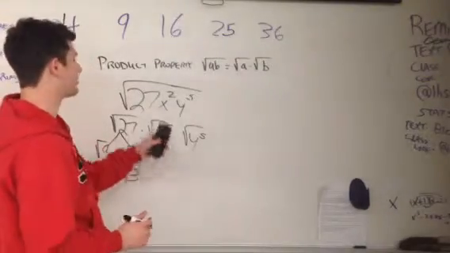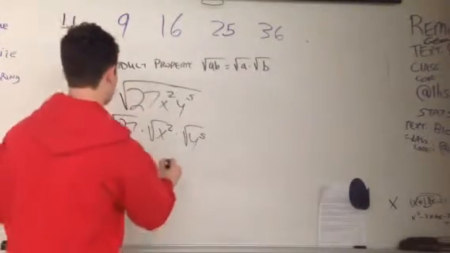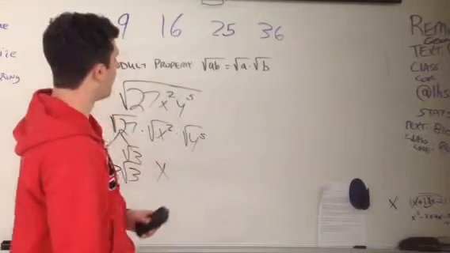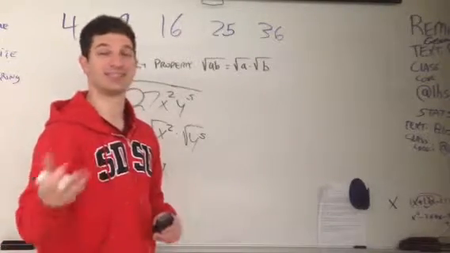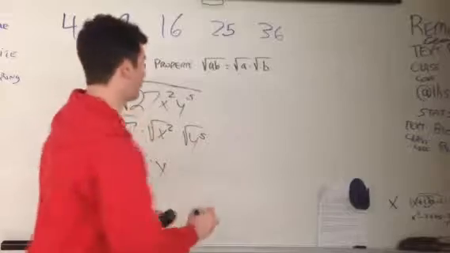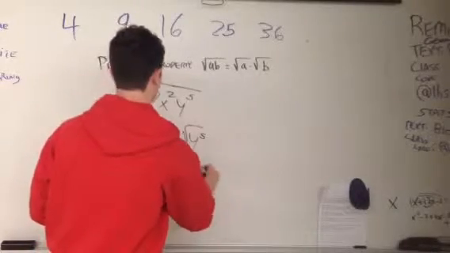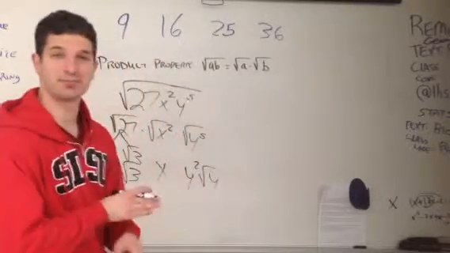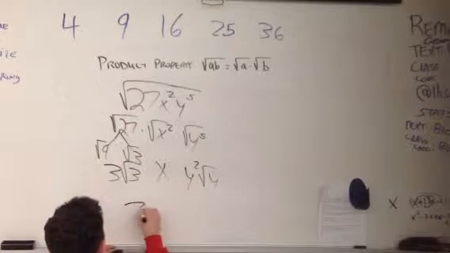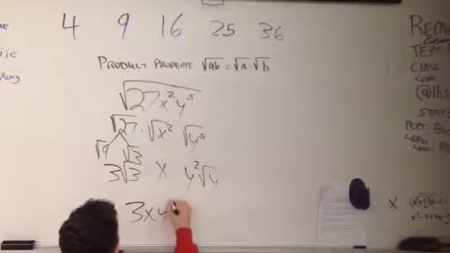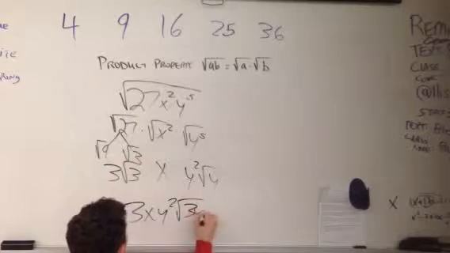I just have 1 pair, so this is just x. Y to the fifth, I have 2 pairs with 1 left over. Y squared, square root y. Last step to bring it all together: 3x y squared, square root of 3y.